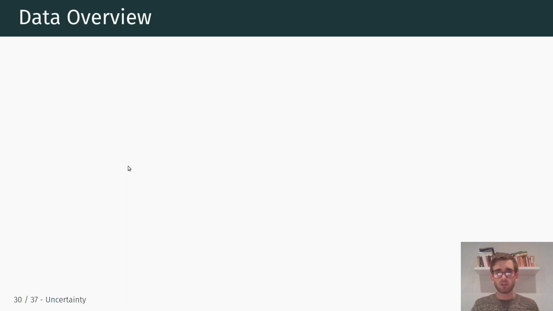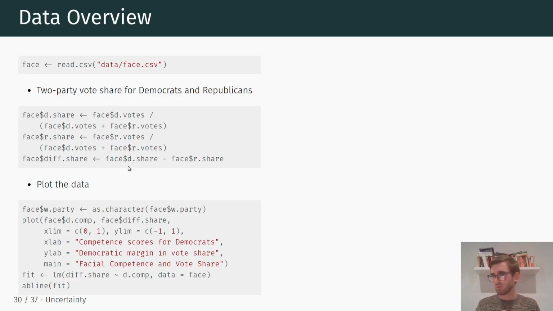We've already looked at these data sets, but just to reiterate, this was the face.csv data set that contained data from this experiment. We compute the Democratic vote share and the Republican vote share for those candidates, and then compute the margin as the difference between the two.